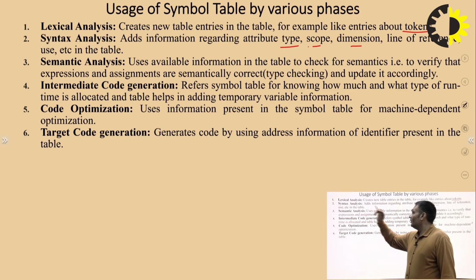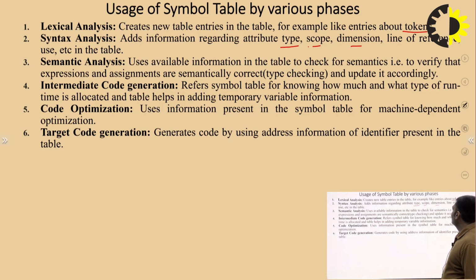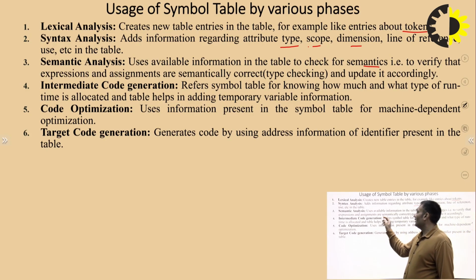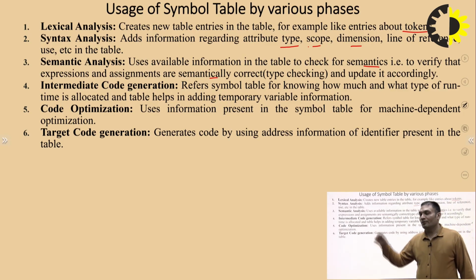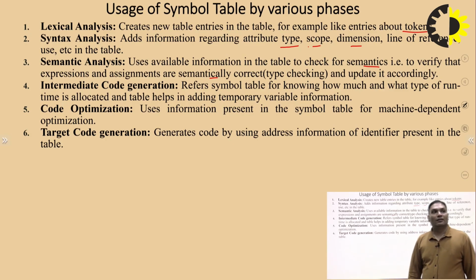The third phase uses the available information in the symbol table to check the semantics, or to verify that expression and assignment are semantically correct or not. So, the information stored inside the symbol table is used by the third phase of the compiler.